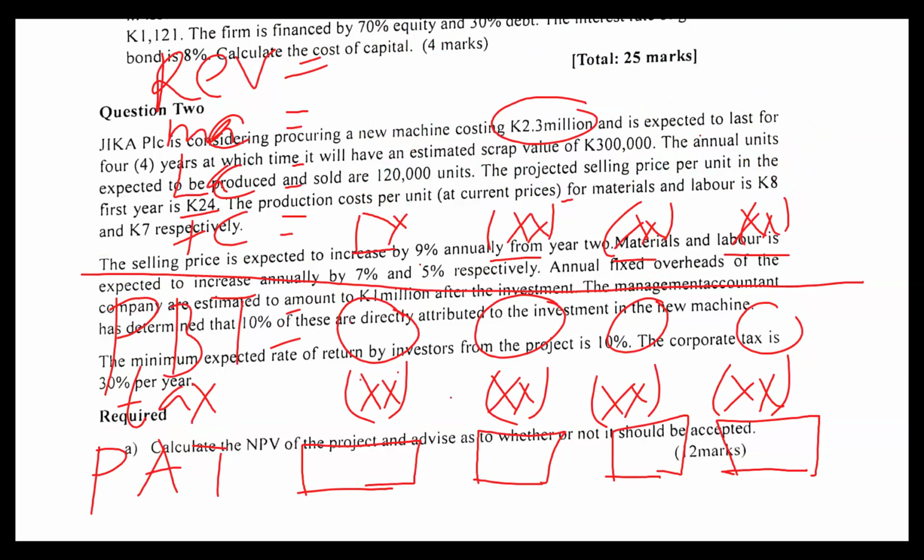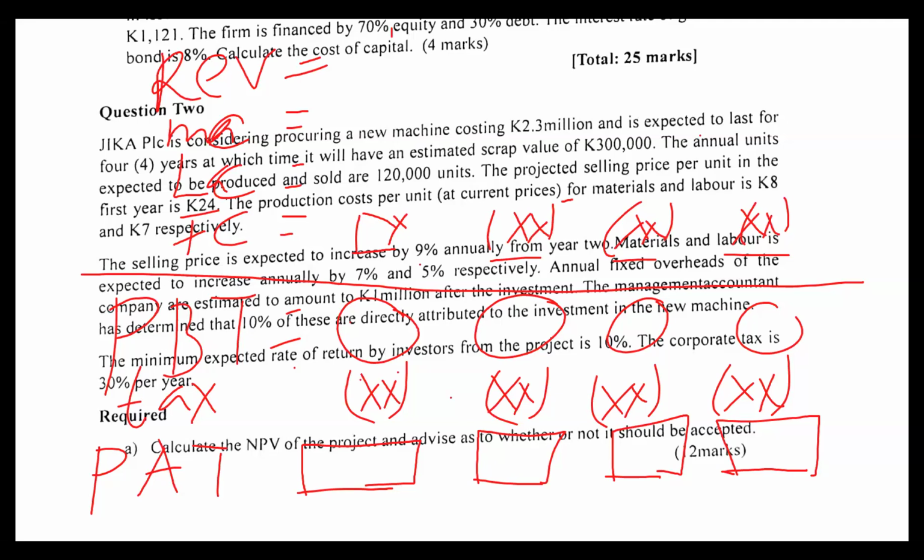Okay. So let's start from establishing the revenue. To establish the revenue, it's just the sales price for the 1st year, of course, multiplied by the number of units that were produced and sold at the same time.